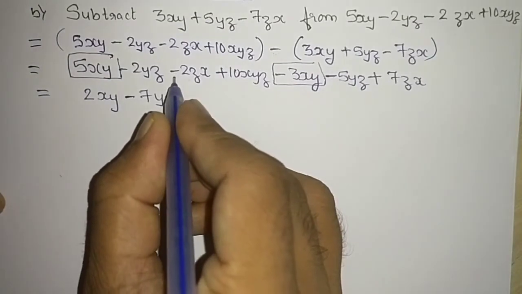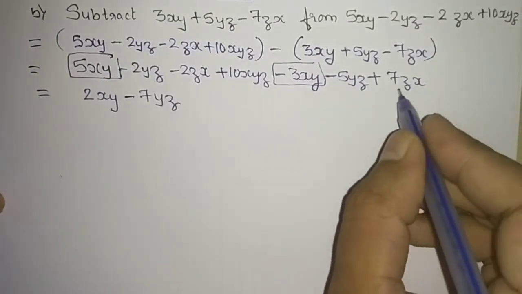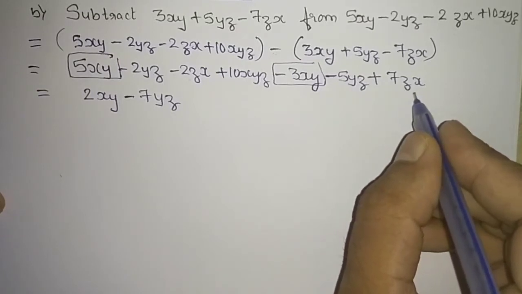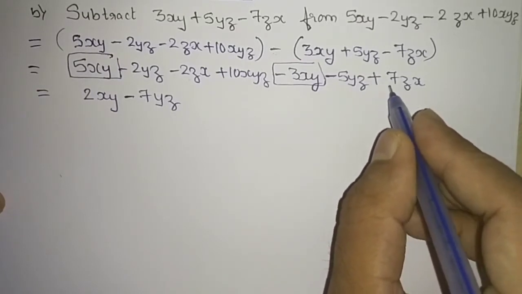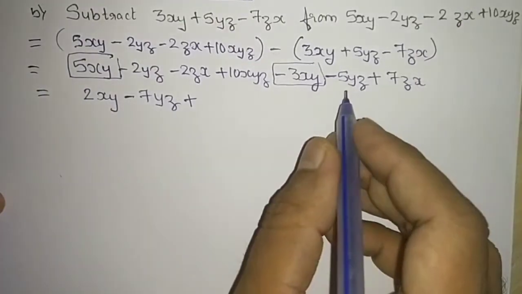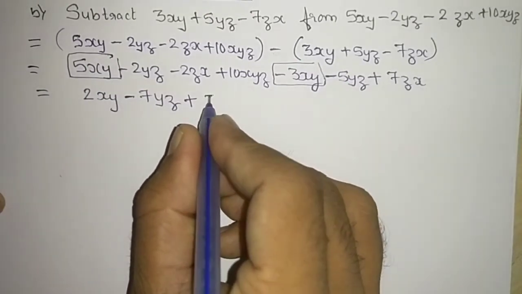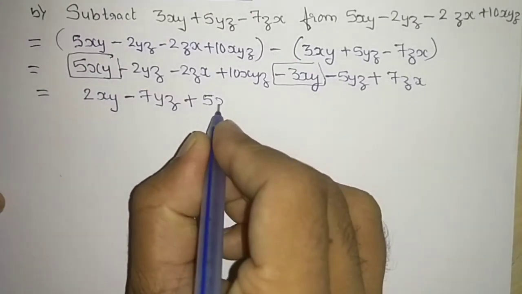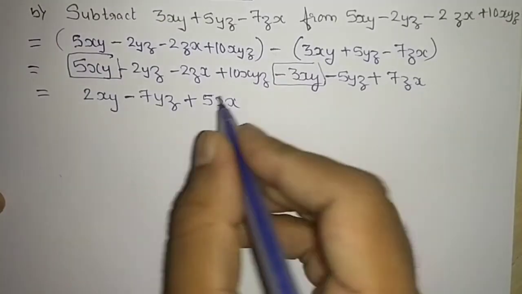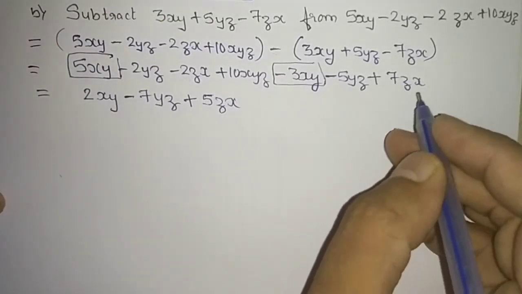Now coming to next term, minus 2zx, and here we are having plus 7zx. Here greater value is of plus, so I will keep plus and then subtract the numbers. 7 minus 2 will give me 5zx, and I will keep the positive sign because the value of positive sign is greater.